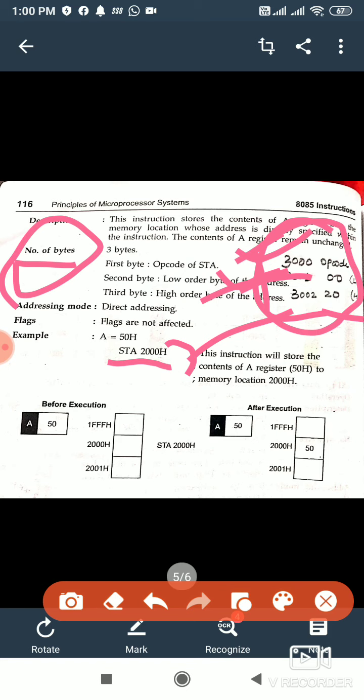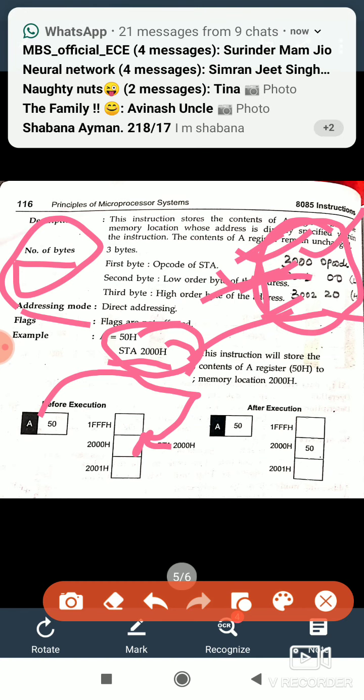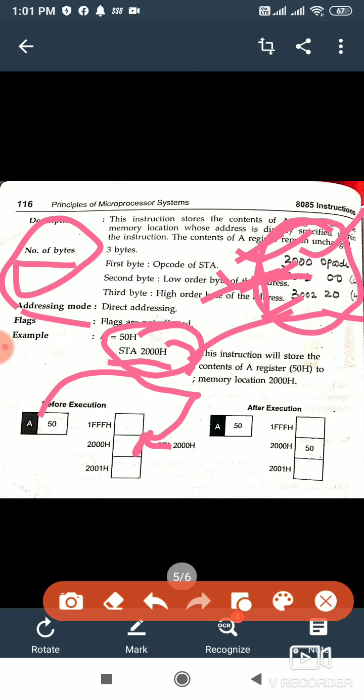This is about the number of bytes. Now what about the addressing mode? It is direct addressing mode. Now what is the concept of this instruction? We are transferring the data from the accumulator to the memory location. So for the instruction to be read, we have to use one opcode fetch and 2 memory read cycles, and after that comes the execution of this instruction.